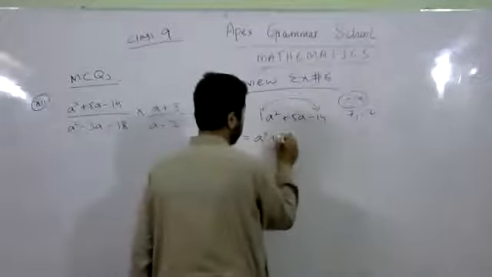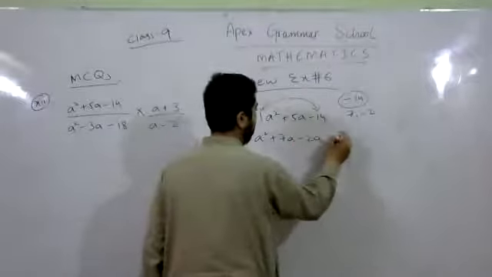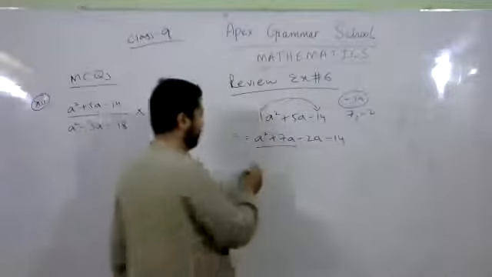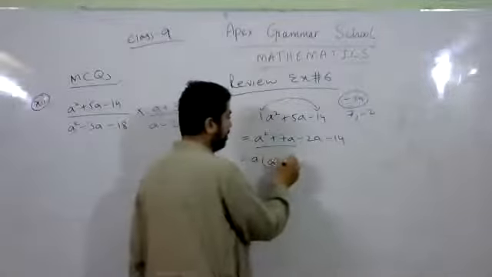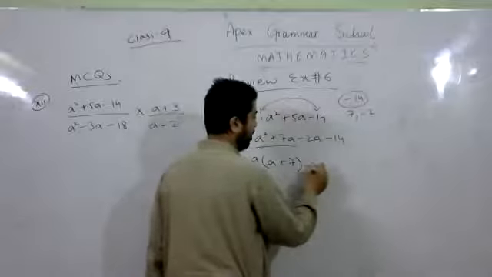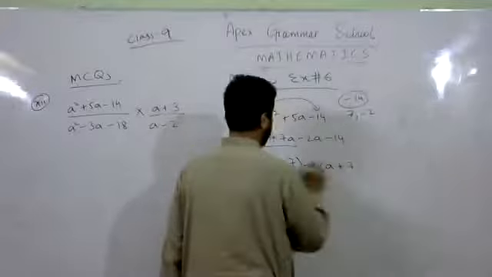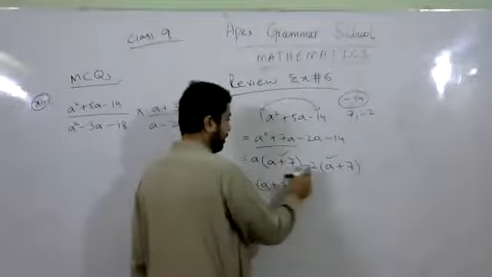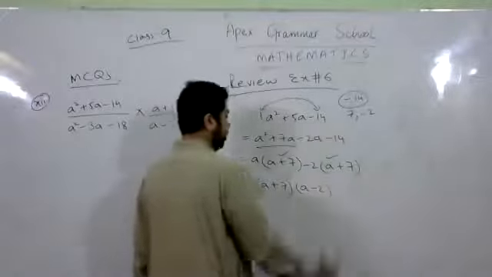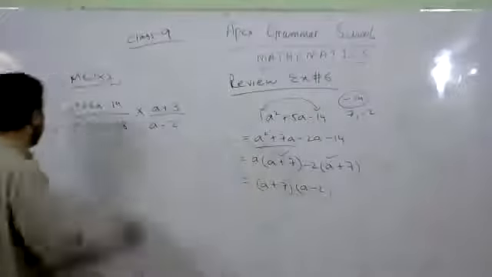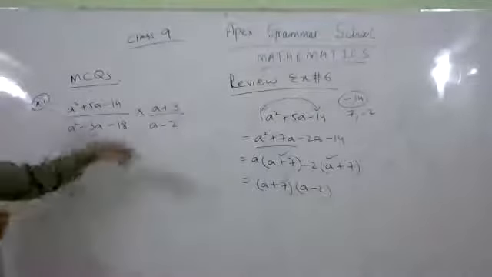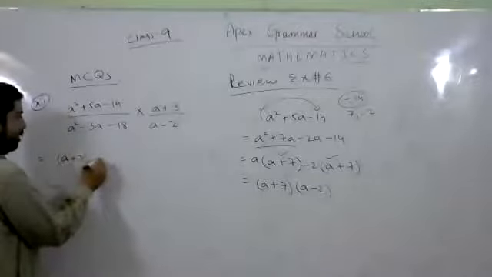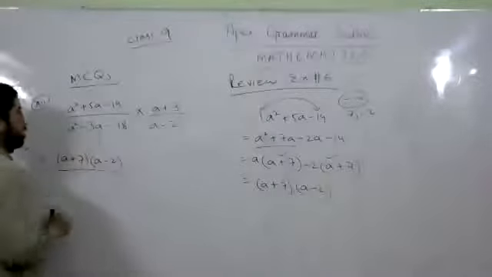A is common from here. A plus 7, and then minus 2 is common, A plus 7, and then A minus 2. And that's it. So we need to write it as it is, A plus 7, A minus 2.